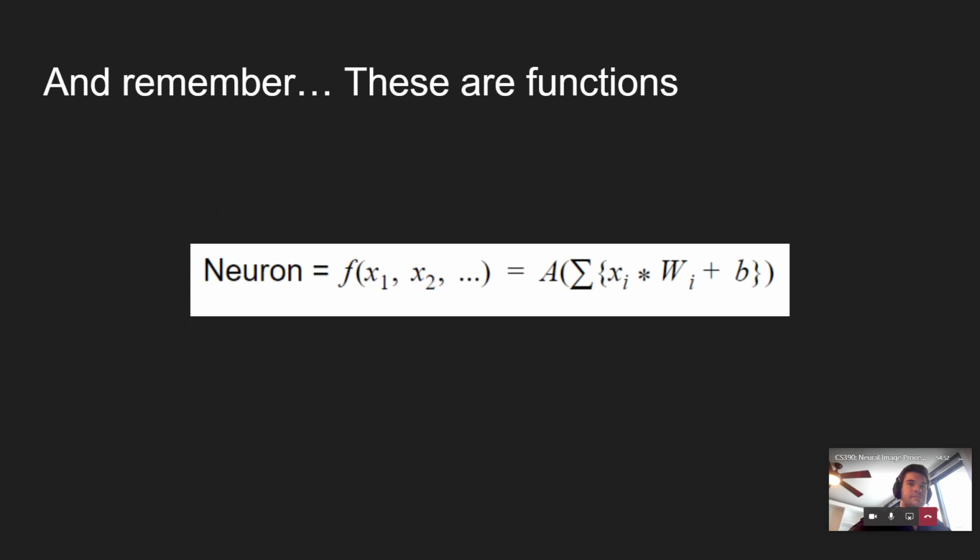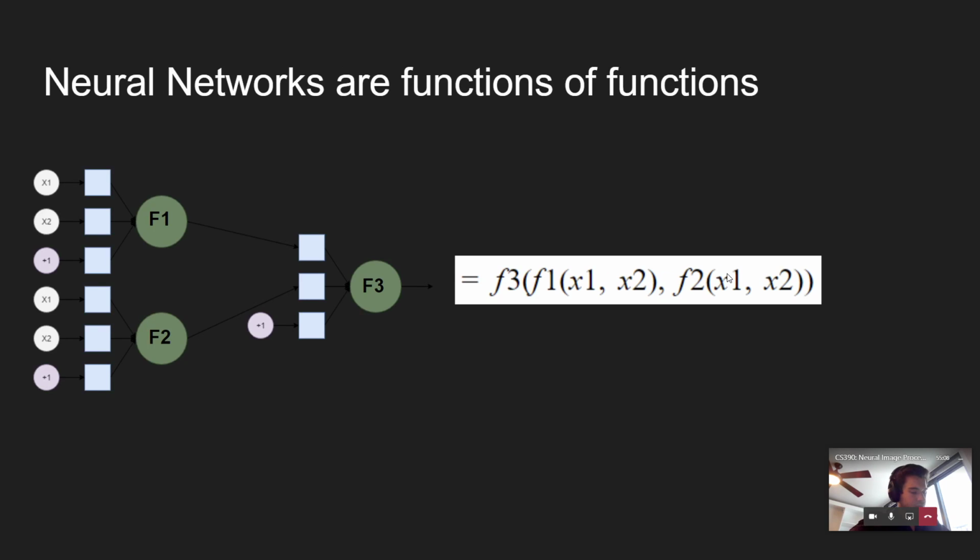And let's not forget, though, these neurons were functions. We were saying before that this f of x1, x2, x3, x4, etc. equals the activation of the sum of the x's times the weights plus the bias at the end. And in that same way, these neural networks are also functions, but instead they are functions of functions.